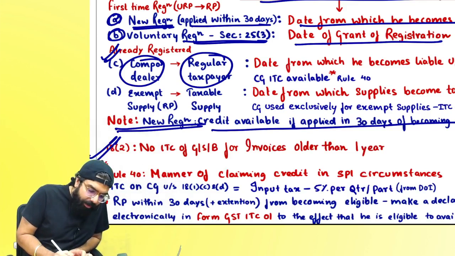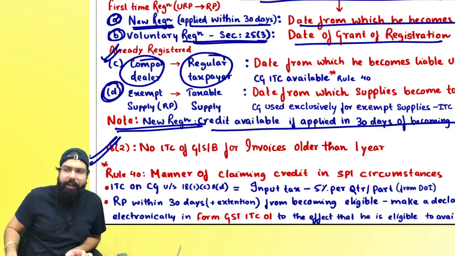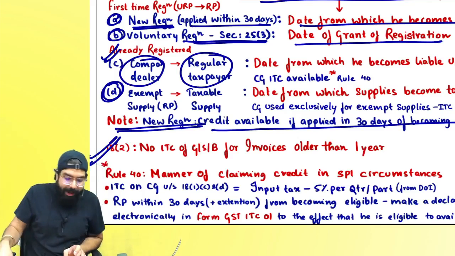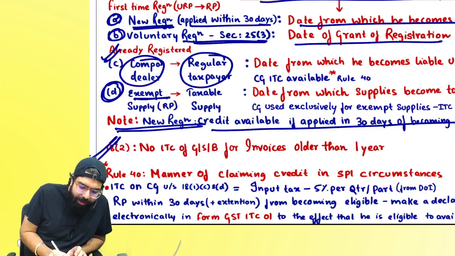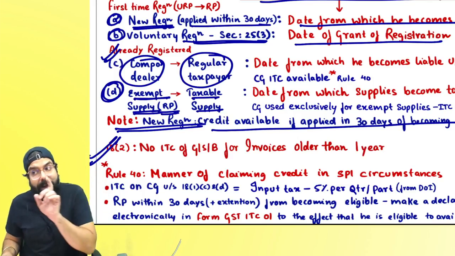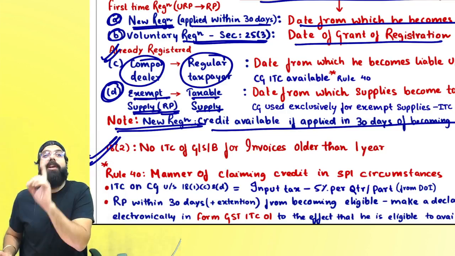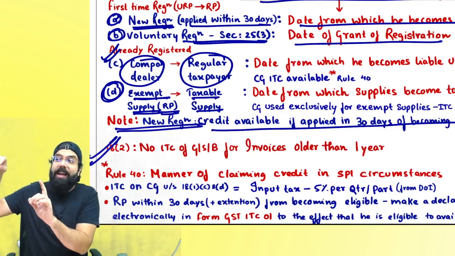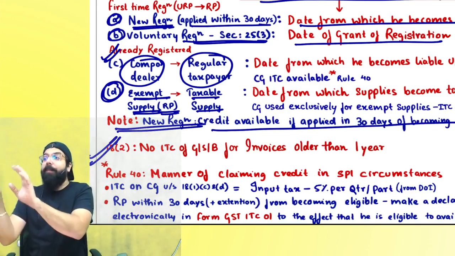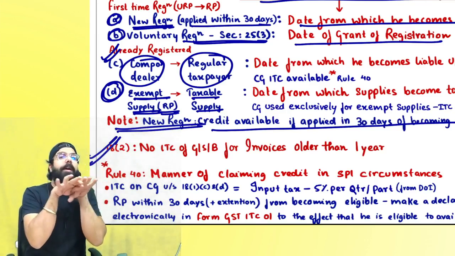Right everyone? Then section number 18.1d says if you are supplying exempt supply, basically you are a registered person and your exempt supplies have become taxable supply. Remember 18.1d is applicable only if you are a registered person and you are supplying exempt supply also, and that exempt supply has now become taxable supply.